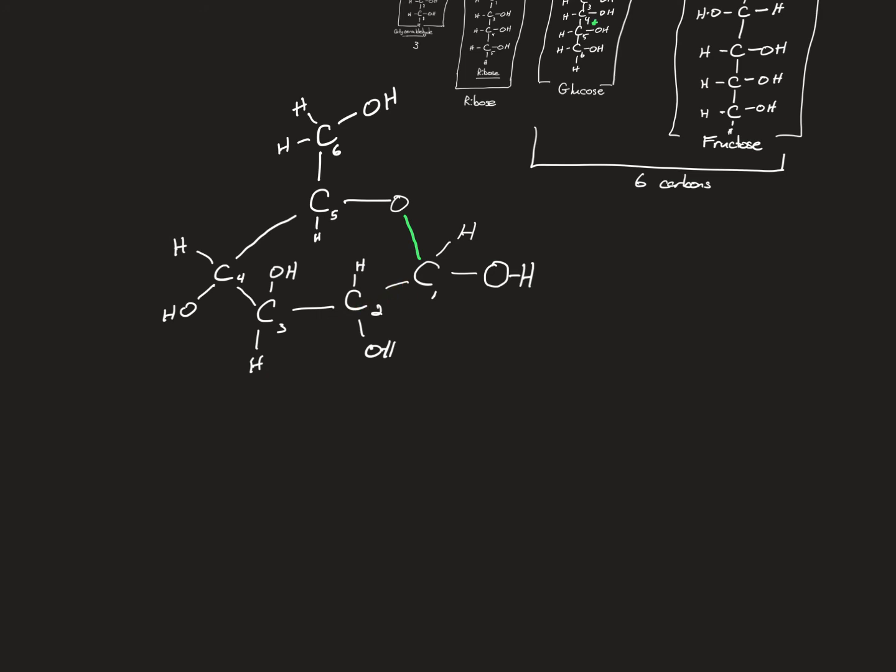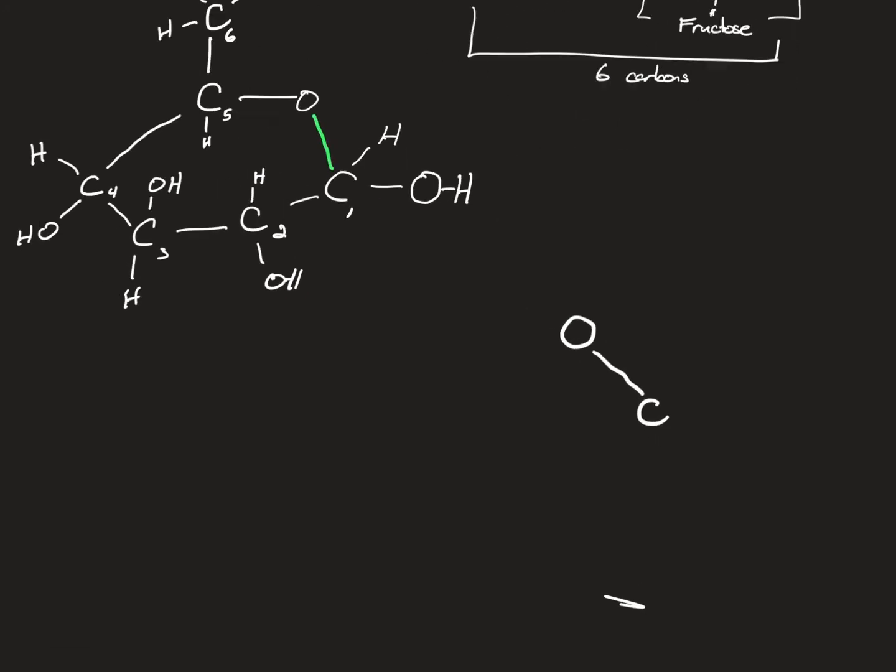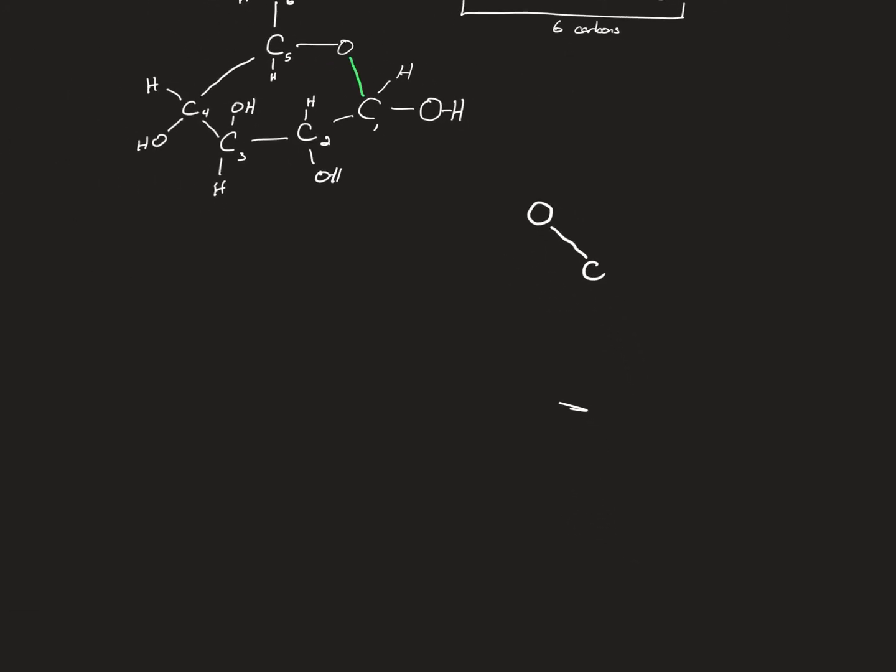This bond is not really drawn well enough. It's pretty short, but if I had drawn it correctly, you'd see there was an oxygen connected to the first carbon, connected to the 2nd carbon, connected to the 3rd carbon, connected to the 4th carbon, connected to the 5th carbon.